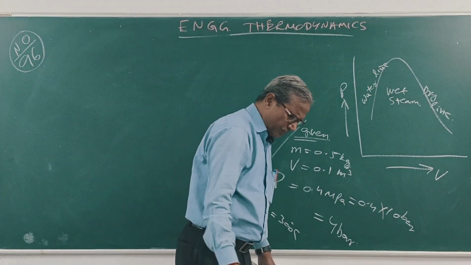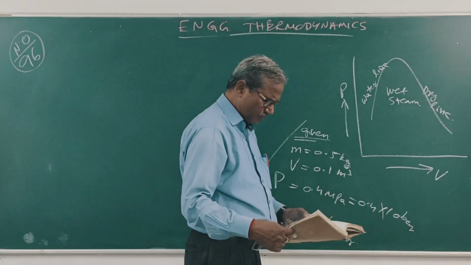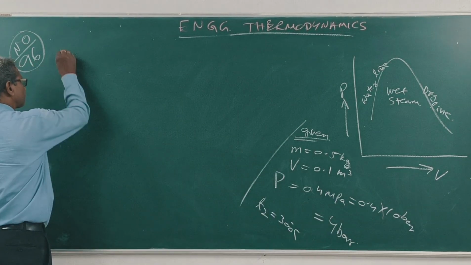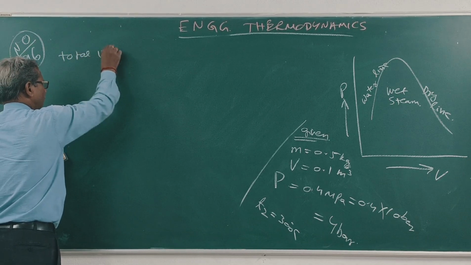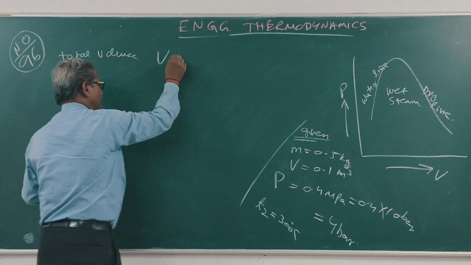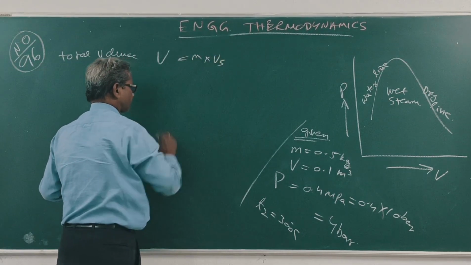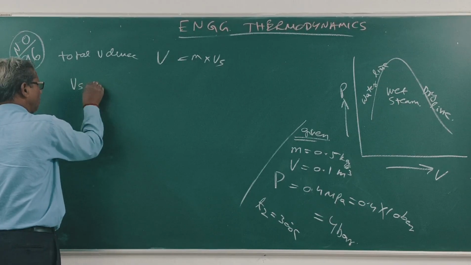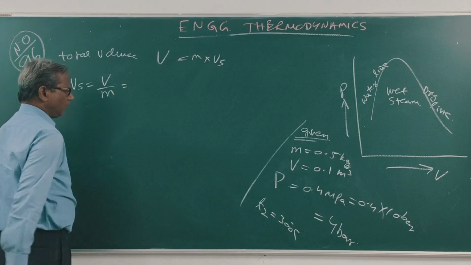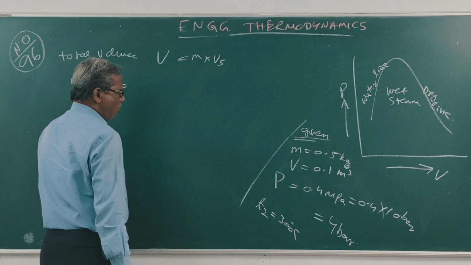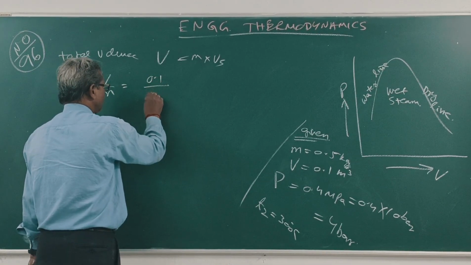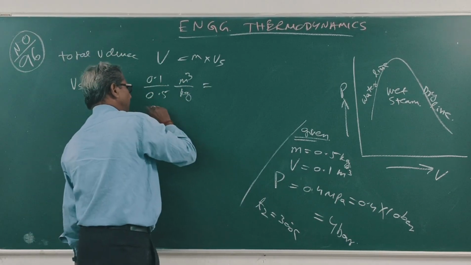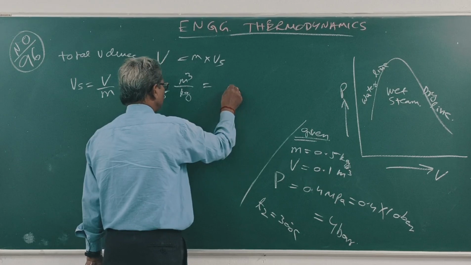Now, what is v? Total volume V is equal to mass into specific volume. So v is equal to V by m. What is v? 0.1 by 0.5 meter cube per kg, so 1 by 5 means 0.2.